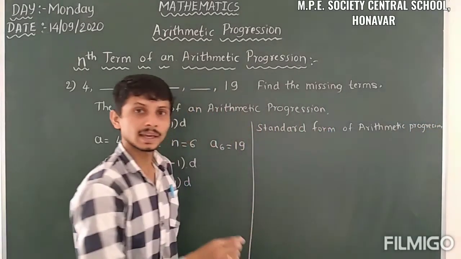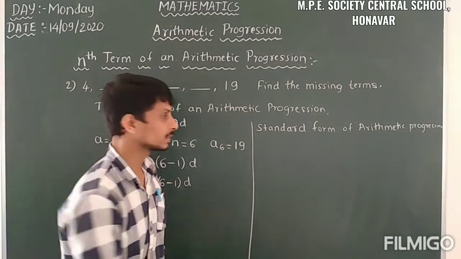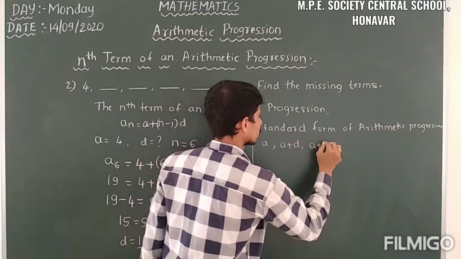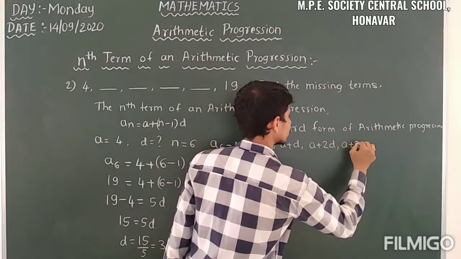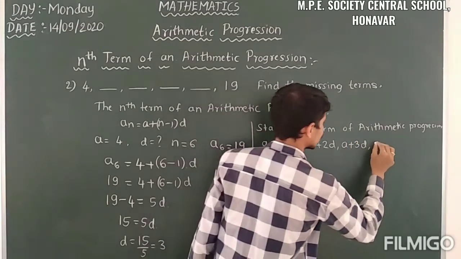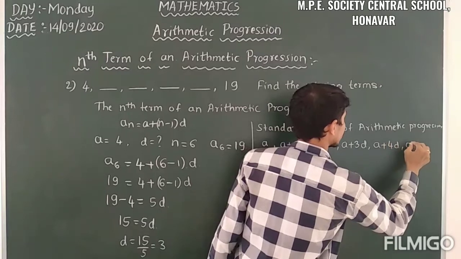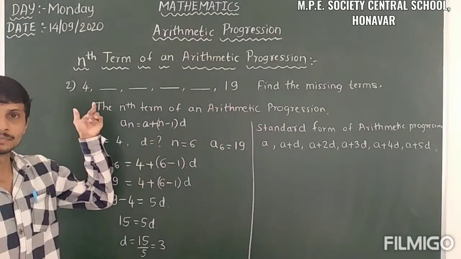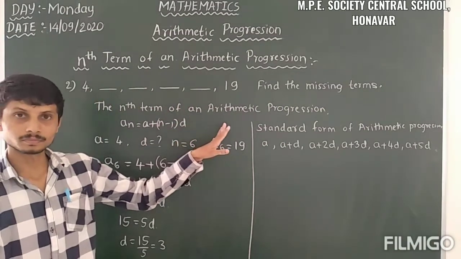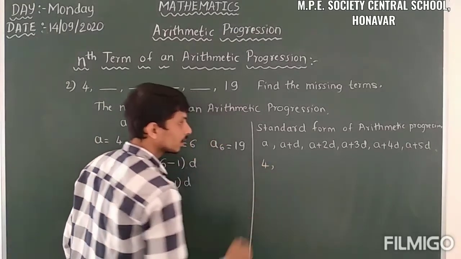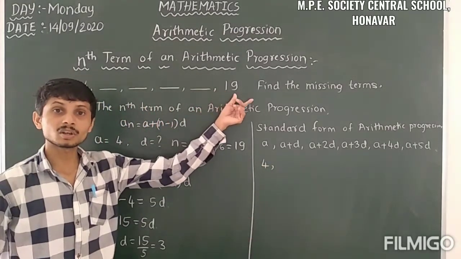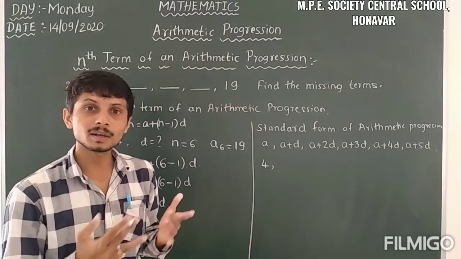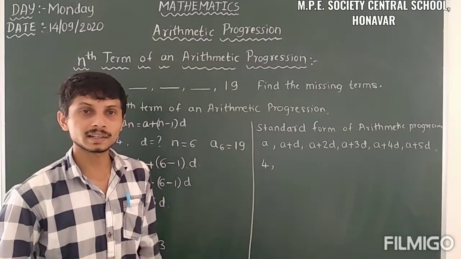What is it? a, a plus d, a plus 2d, a plus 3d, a plus 4d and a plus 5d. Here we know the term a is 4. And a plus 5d is equal to 19 because it's the sixth term. The sixth term means when we insert n is equal to 6, it becomes a plus 5d. We can directly identify.